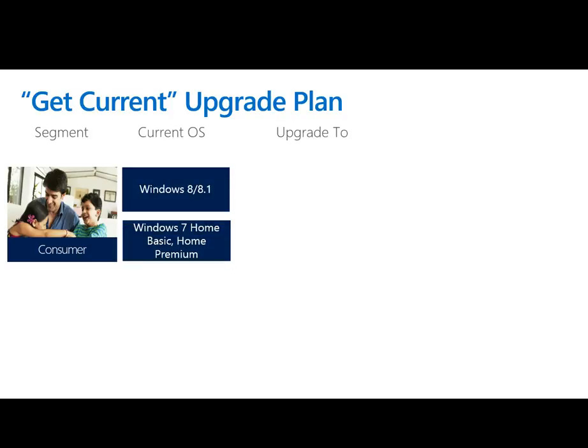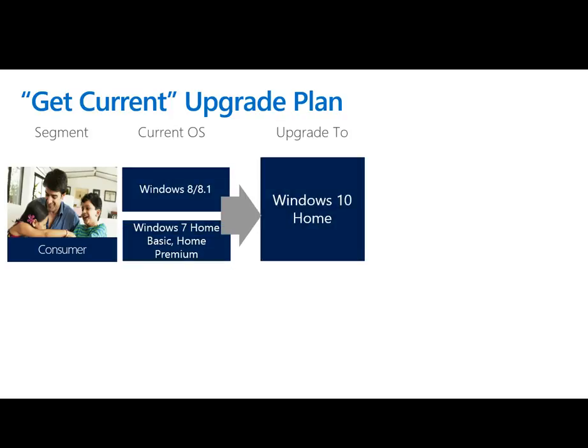So for consumers with Windows 8 or 8.1 or Windows 7 Home Basic or Home Premium, you can upgrade to Windows 10 Home. Again, Windows 8, 8.1 only, okay? Not Pro. Windows 8.1 only or Windows 7 Home Basic or Home Premium, you can upgrade to Windows 10 Home for free.